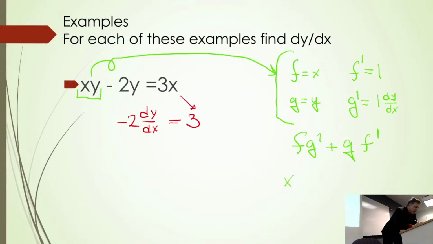That's x times, I'm going to leave out the 1 if that's okay, dy over dx, and then g, y times f prime. I'll put the 1 there just to emphasize, but this is just dy over dx. All right, let me put it over here, and then we'll see what sort of complaints you have. So I've got x dy over dx plus y.